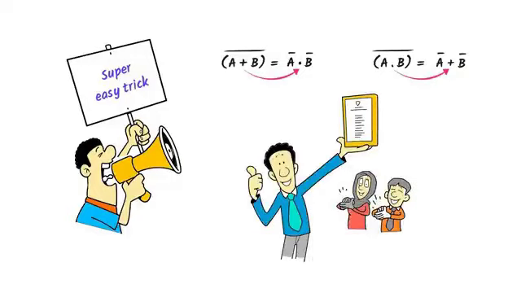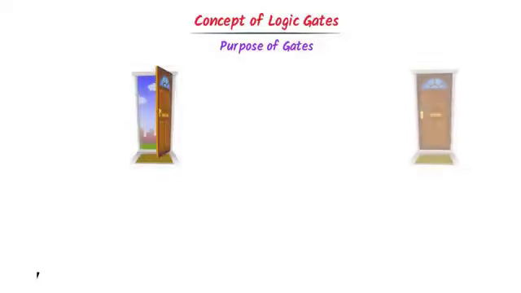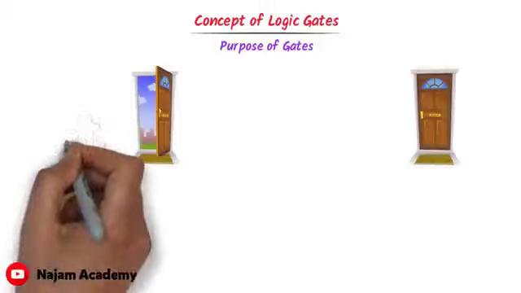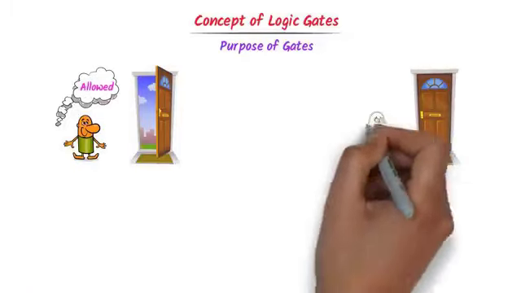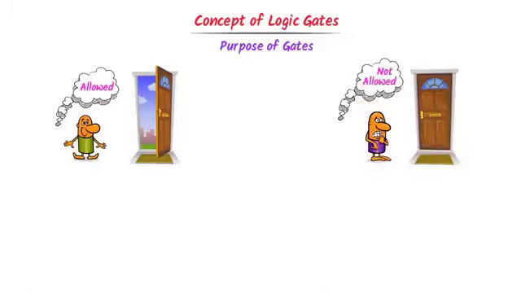Now it is time to teach you the easy concepts of logic gates. Firstly, let's understand the basic purpose of a gate. Consider this open door and this closed door. In case of open door, you are allowed to pass through. In case of closed door, you are not allowed to pass through. Similarly, consider these logic gates.